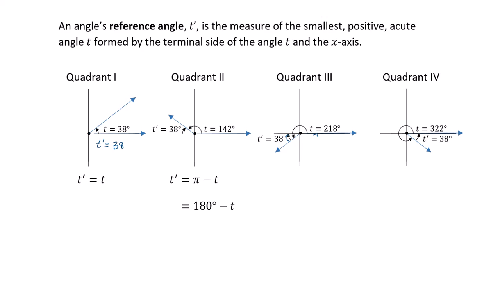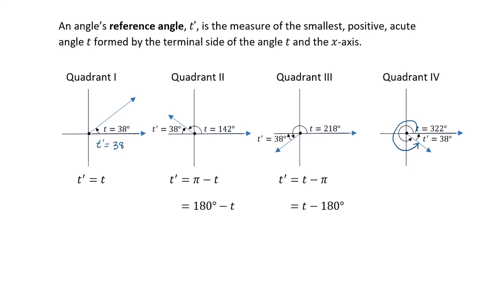So our T prime is 38 degrees. And in fact, for quadrant 3 angles, T prime is always T minus pi, or T minus 180 degrees if we're in degrees.